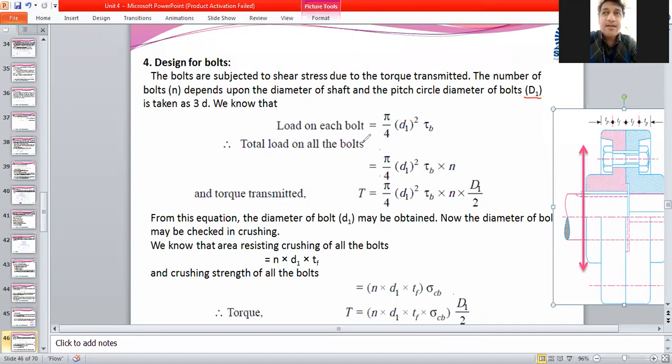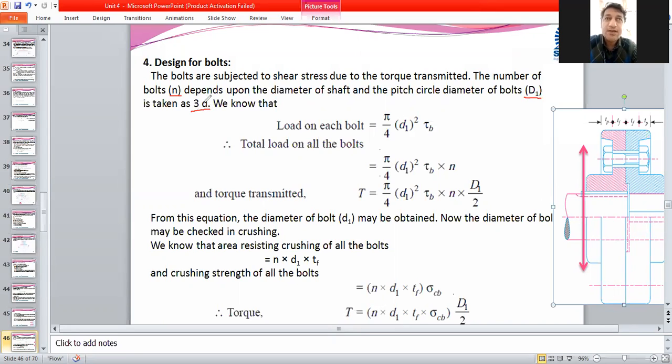Let us consider that the number of bolts which we are going to use to transmit that torque is N. Later on we can calculate the load on each bolt so that we can calculate the diameter of that bolt. Normally this pitch diameter of the bolt is taken as thrice the diameter of the shaft.